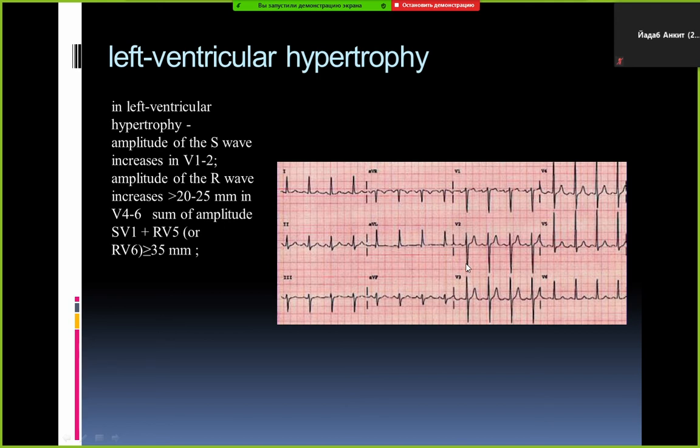And we can calculate the sum of amplitudes SV1 and RV5, the so-called Sokolov's index. If it is more than 35, it means that the patient has left ventricle hypertrophy.